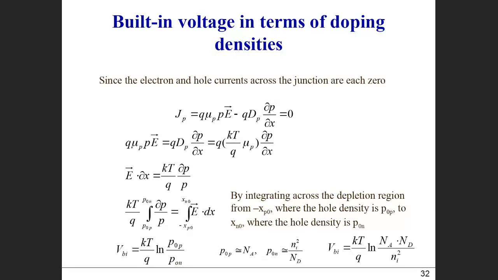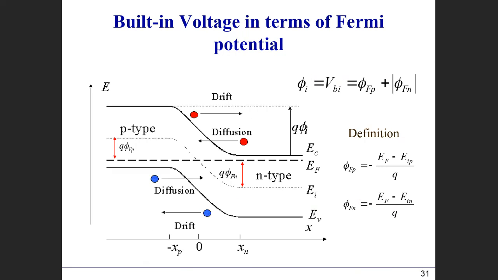Another one, as I briefly explained, is that the VBI is related to the doping concentration of the P side and the N side, right? If I go back, the VBI, the built-in potential, is the potential difference on the P side plus the potential difference on the N side.